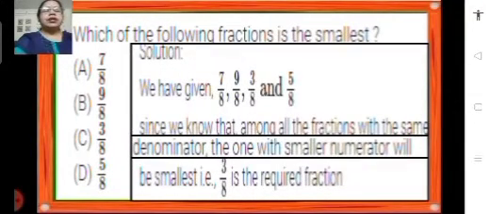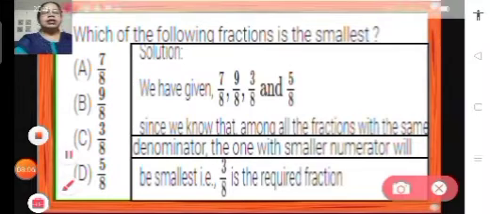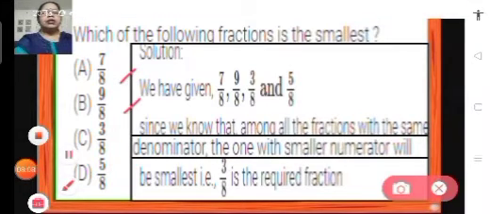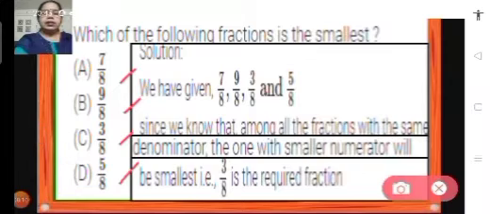Now again we have 4 fractions. We have to decide which of the fractions is the smallest. When we look at these fractions, these are all like fractions, isn't it? 7 upon 8, 9 upon 8, 3 upon 8 and 5 upon 8. When we have like fractions, then what do we do? We compare the numerators, and the numerator with the greatest value will be the greatest fraction, isn't it?